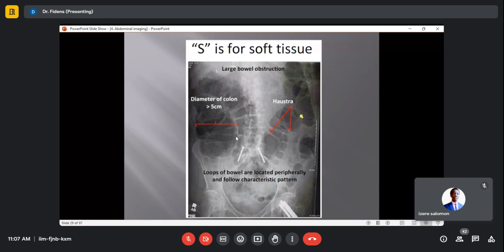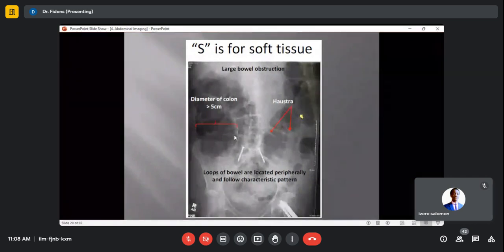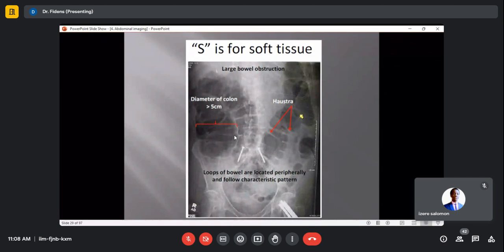Estimation one third. And when you see this dilated and one third, they are not valvulae conniventes. They are haustrations. Okay, haustrations. And again, they are peripherally located.